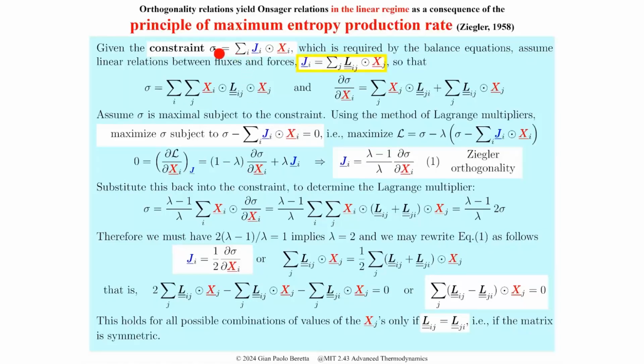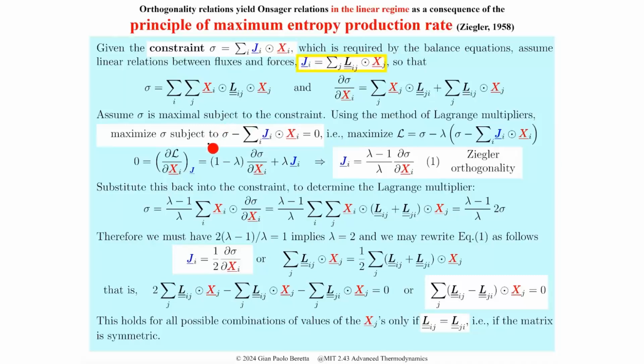Here, instead of sigma, we had entropy production, S dot irreversible. Here we had the reaction rate, so the epsilon dots, and here we had the affinities of the reactions. And instead of this super dot symbol, we just had nothing because they were scalars.